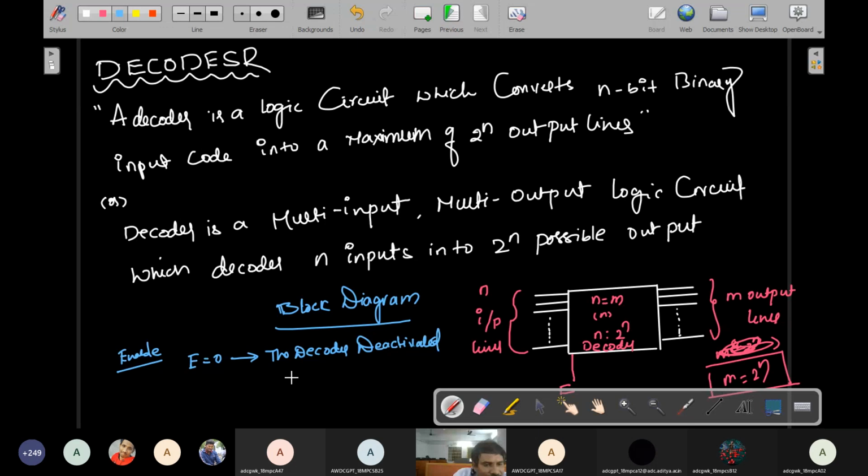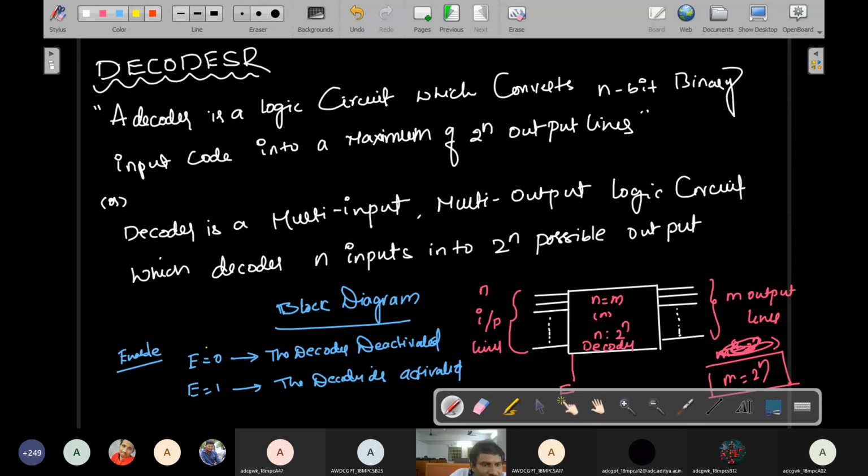Understand? So if the decoder enable is 0, the decoder is deactivated. If enable is 1, the decoder is activated. So that means if enable is 0, the decoder is in off state, and if the enable is 1, it is in on state.